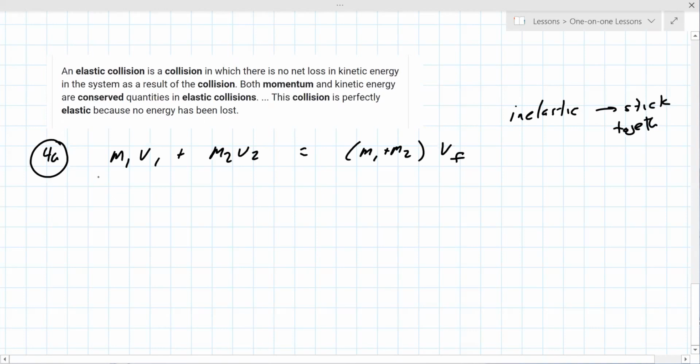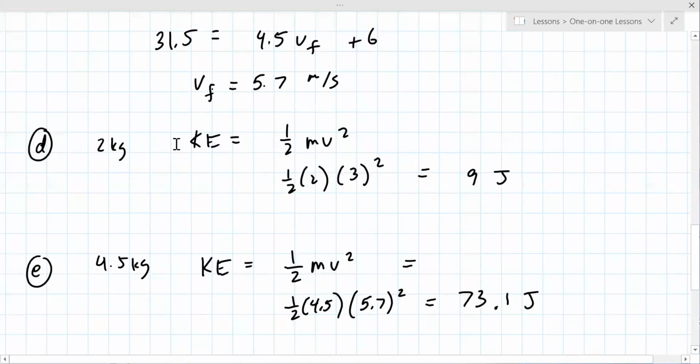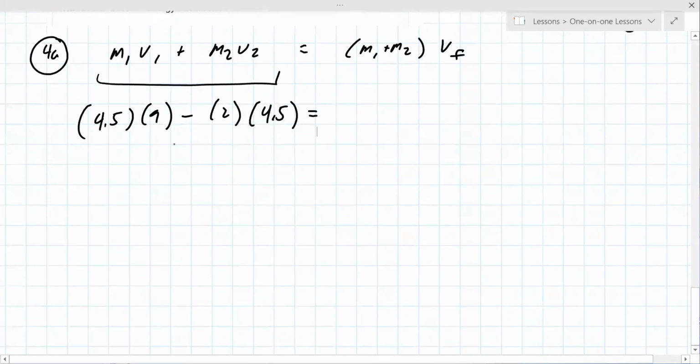So in this case, we can just calculate the total momentum from over here. We have 4.5 times 9 minus 2 times 4.5. So it seems like the total momentum is still the same, 31.5.